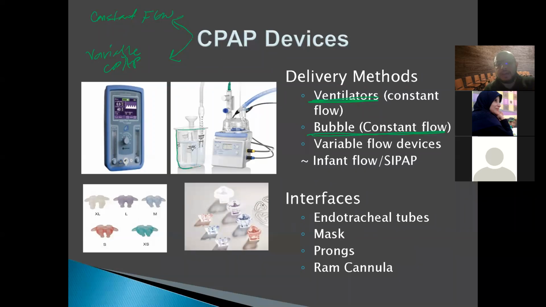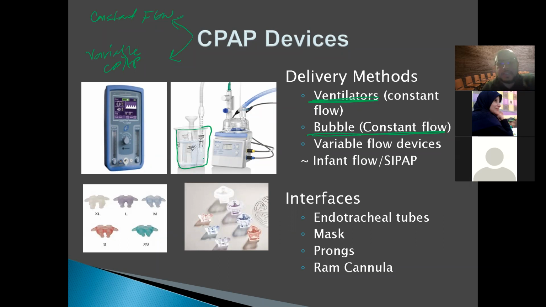Bubble CPAP, we will talk about it. You have a box with water, and I have a link at the end of the presentation. I just left it here because it's easy. You can have it in your hospital. We don't need fancy bubble CPAP. You can create it on your own; you just need somebody like an engineer or technician who can make it.